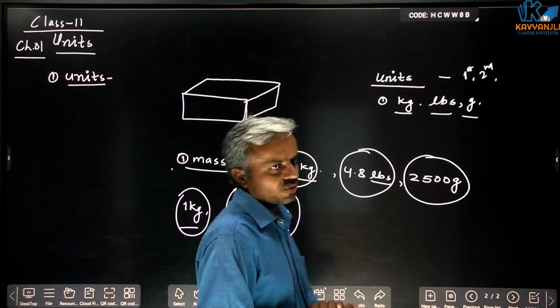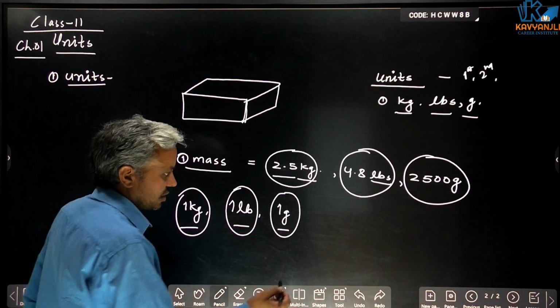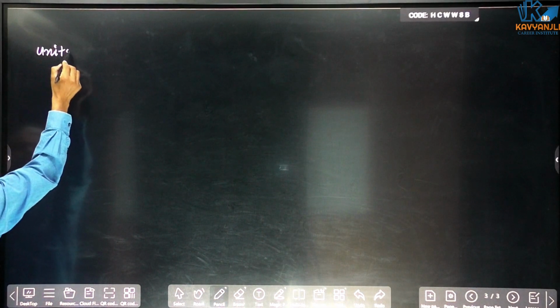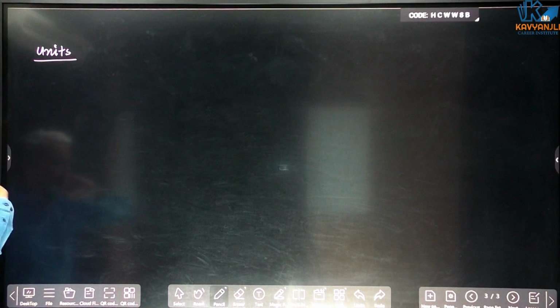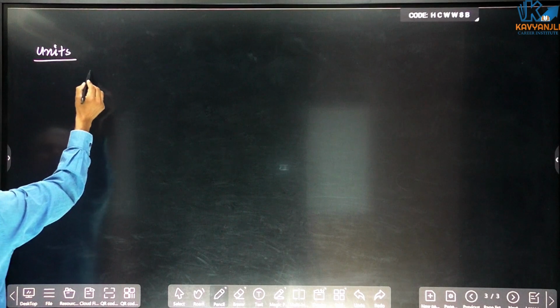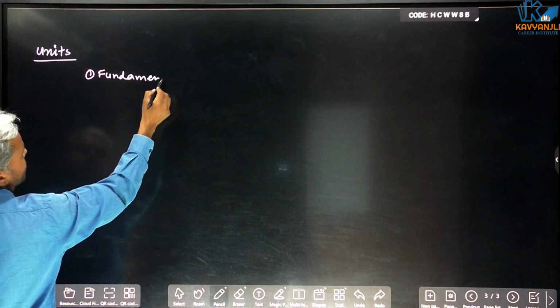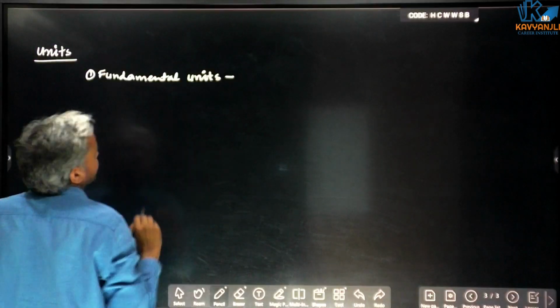So what kinds of units are present? Let us see. So there are fundamental units, and second are derived units.